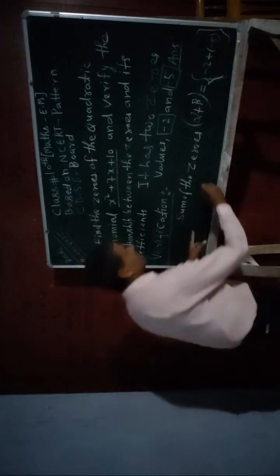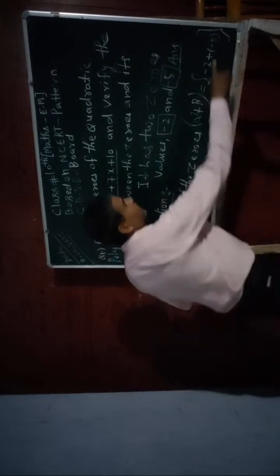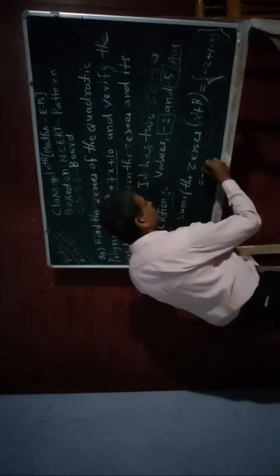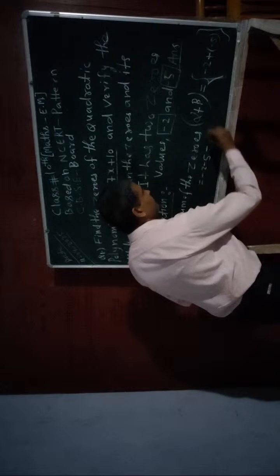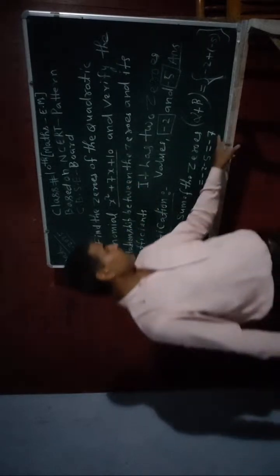After simplification it will be -2 plus and minus, multiplication of plus and minus sign will become minus, so I will write here -7. Okay, student. So -7.